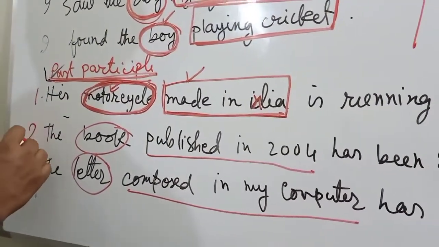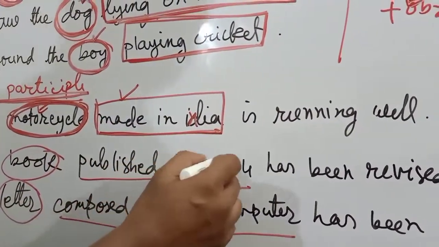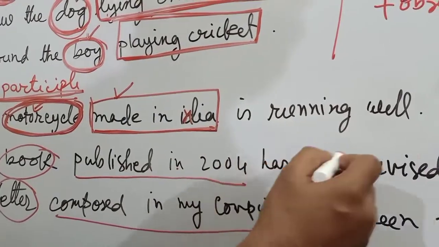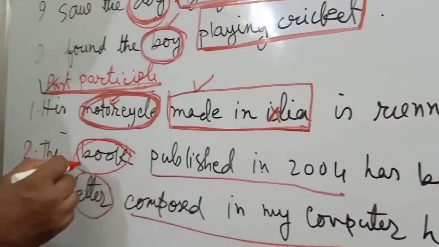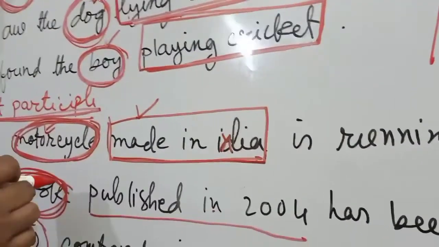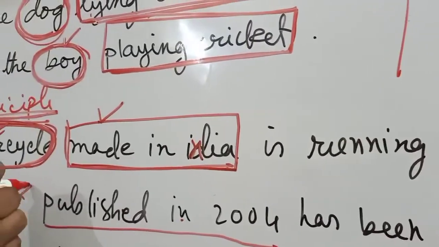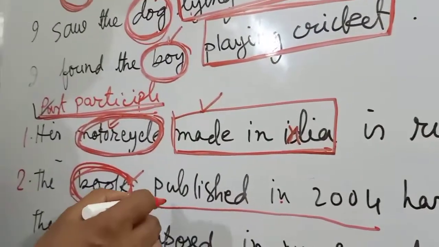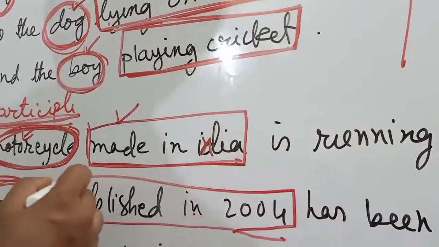In example 2, the book published in 2004 has been revised this year. The book here is the head word, or the word to be modified. About this book, it is giving extra information: published in 2004.